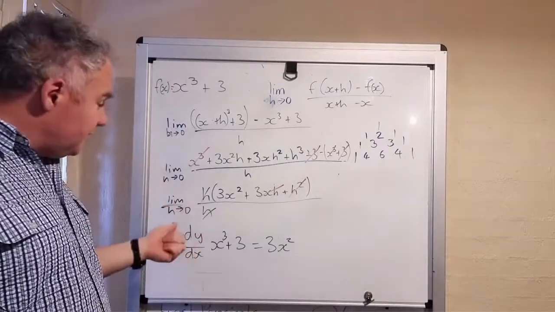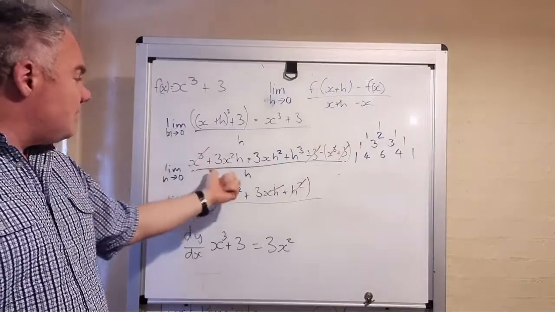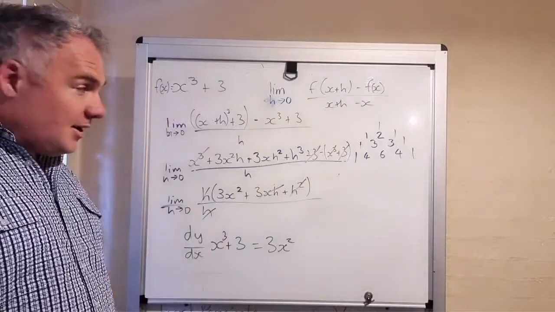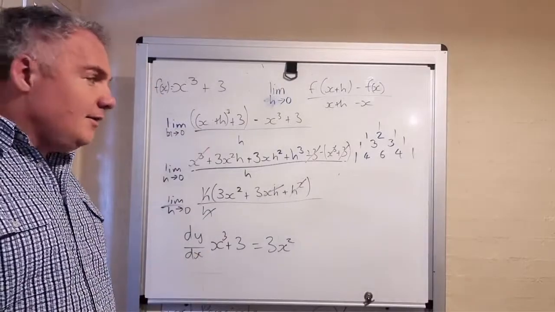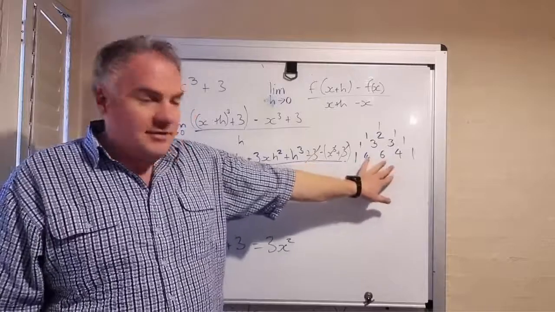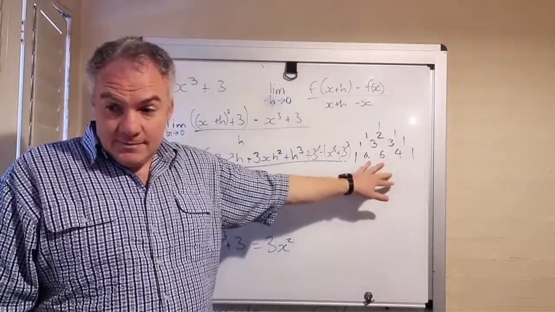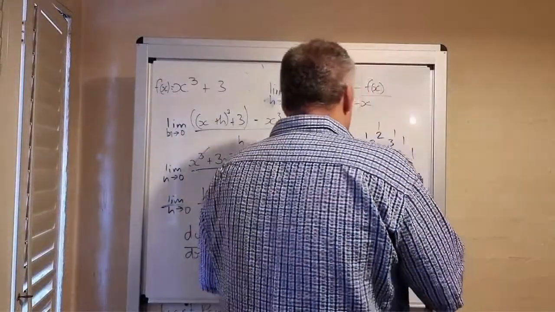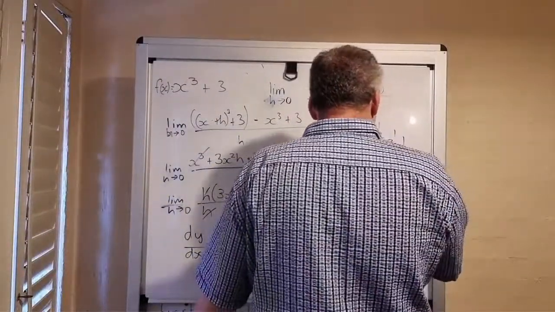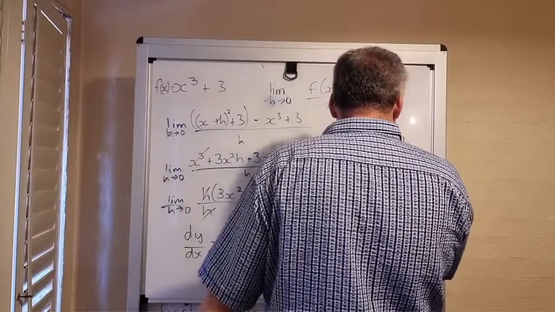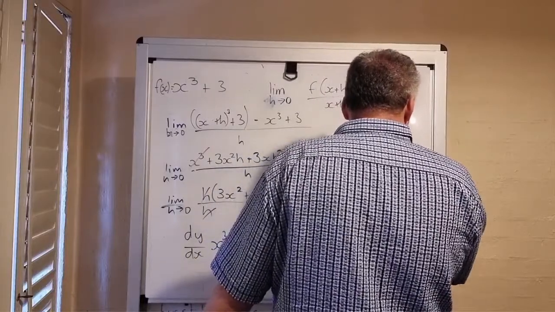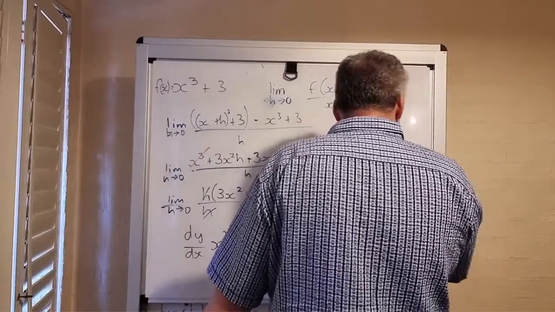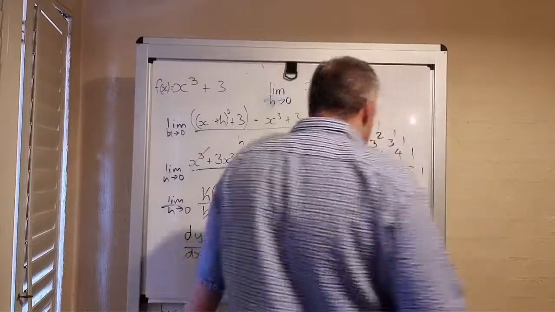When you're doing first principles, the biggest one you'll probably get is cubed. Okay, I could ask you to the power of 4, 5, and 10, but that's just going to get really big on Pascal's triangle. Like you can see, this is 4, and with 5, you've got 1, 5, 10, 10, 5, 1.